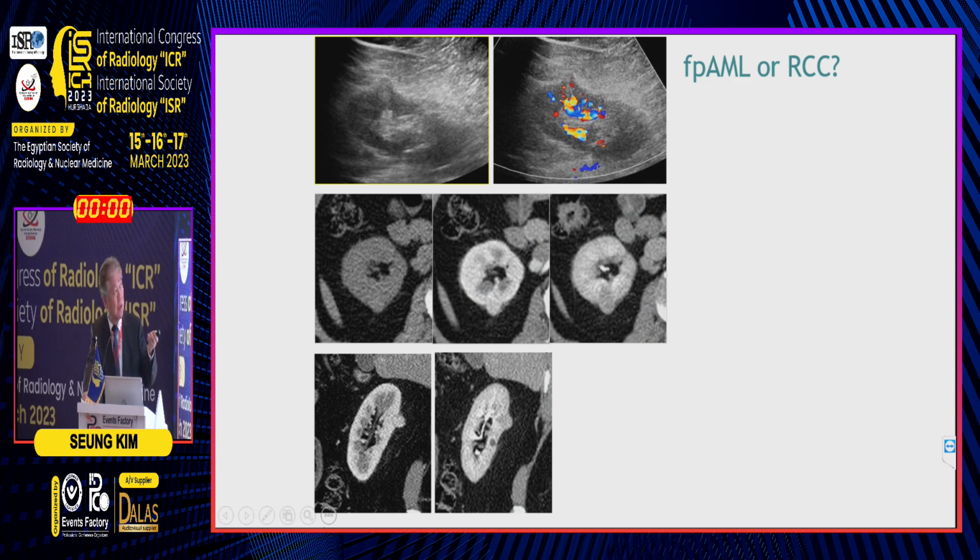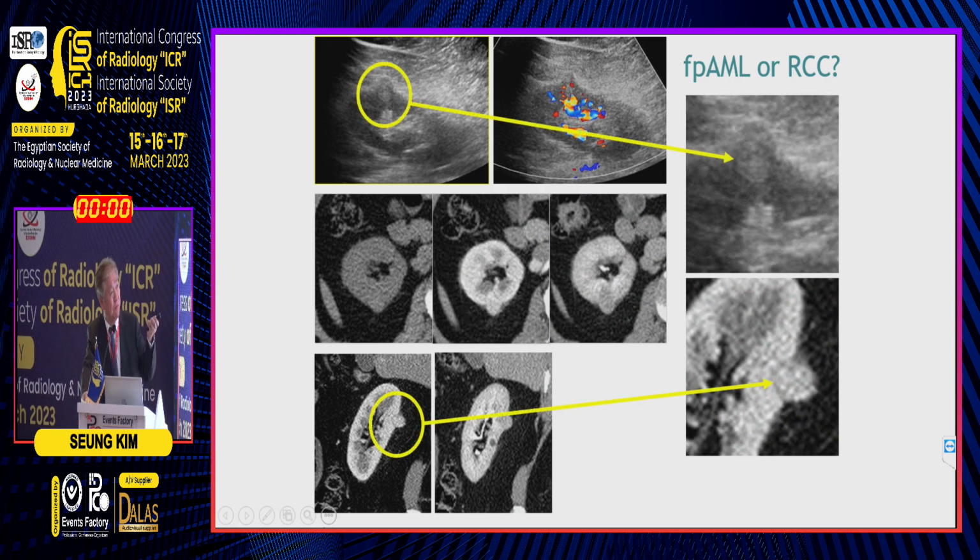How about this one? Let's say there is a mass here. If you look at the mass carefully at ultrasound, you can see a hypoechoic rim around the mass. In this early phase CT, you can see a low attenuated peripheral rim.